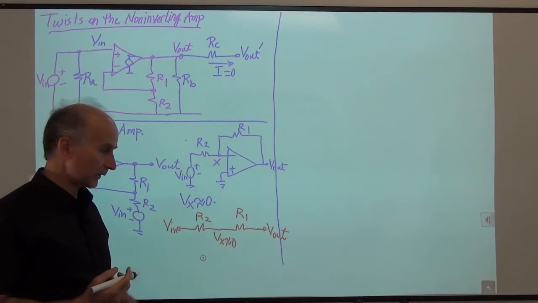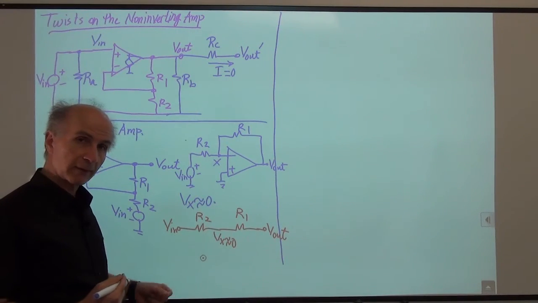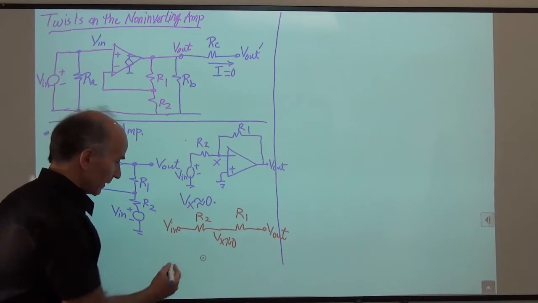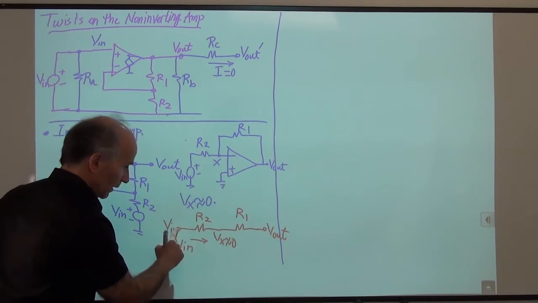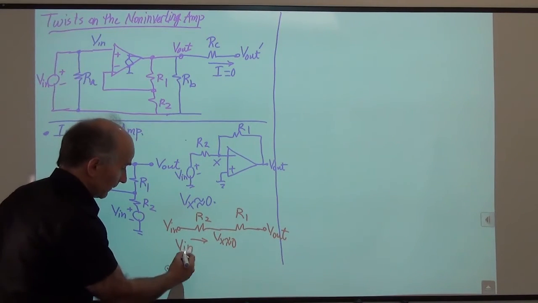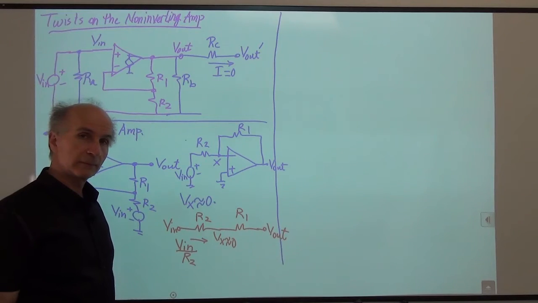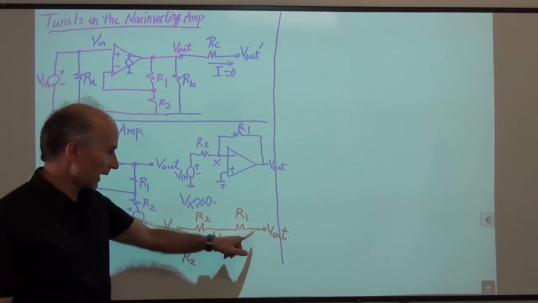Very simple. We write a KCL here. How much is the current going through R2 from left to right? The voltage on the left minus the voltage on the right divided by R2. So this current is Vin minus approximately 0 divided by R2. How much is the current going from Vout to this point?